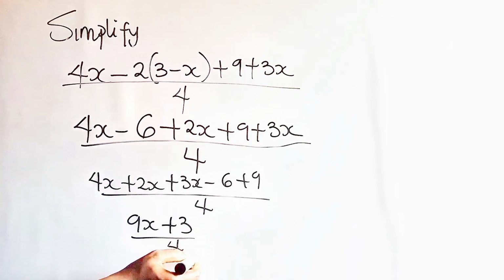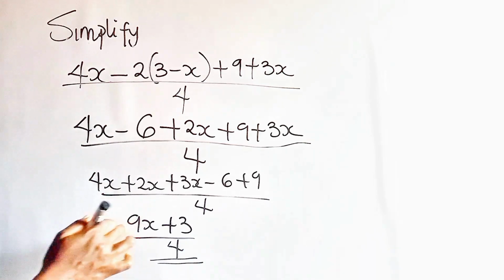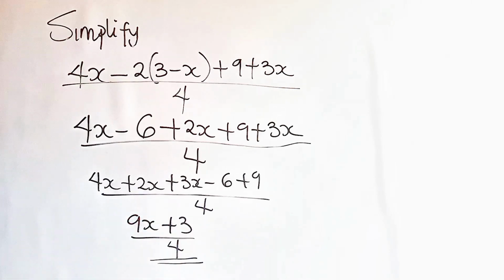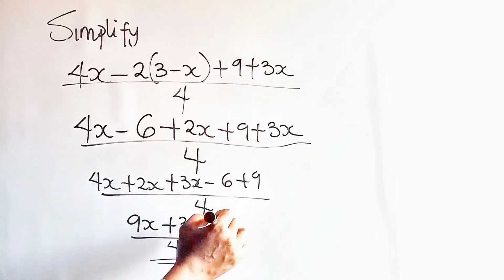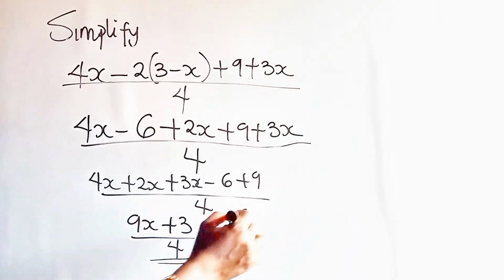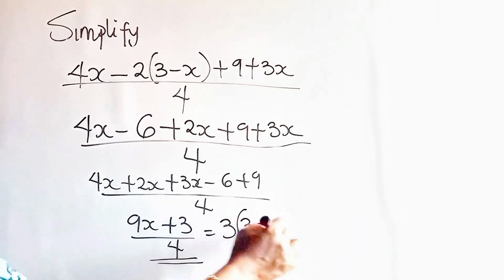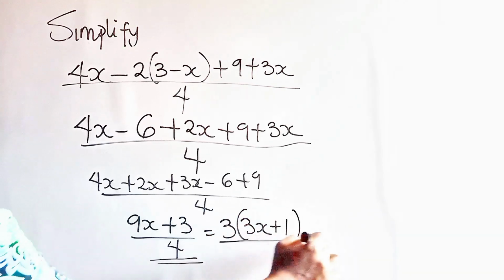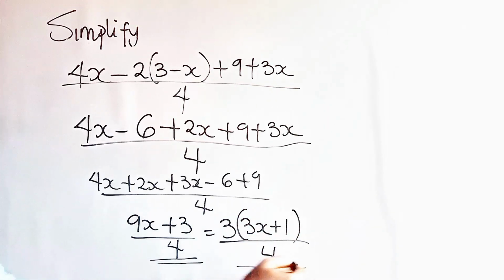We can choose to leave our answer in this form, or we factorize by bringing out the common terms at the numerator. The common term between 9x plus 3 is 3, so we factor it out to give us 3 into 9x divided by 3, we have 3x. 3 divided by 3 will give us plus 1 all over 4 as the answer.